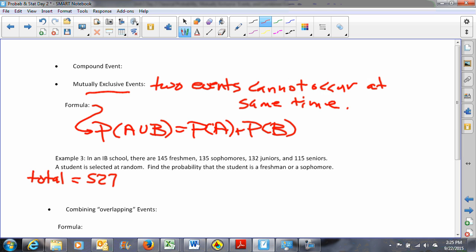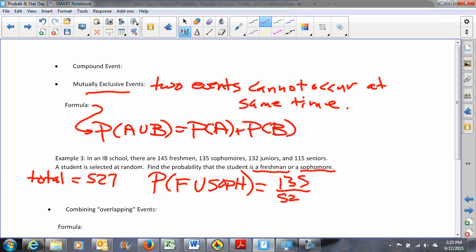what's the probability that a student is a freshman or a sophomore? Now, if you're a freshman, you're not a sophomore. If you're a sophomore, you're not a freshman. So you see that being a freshman or being a sophomore are mutually exclusive events. That means the probability of freshman union sophomore is going to be 145 over 527 plus 135 over 527.